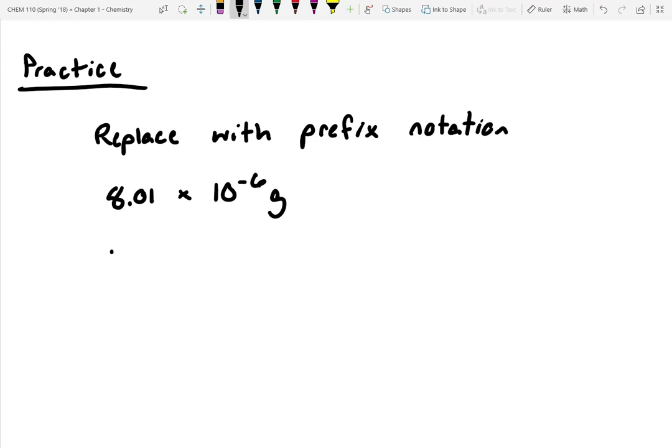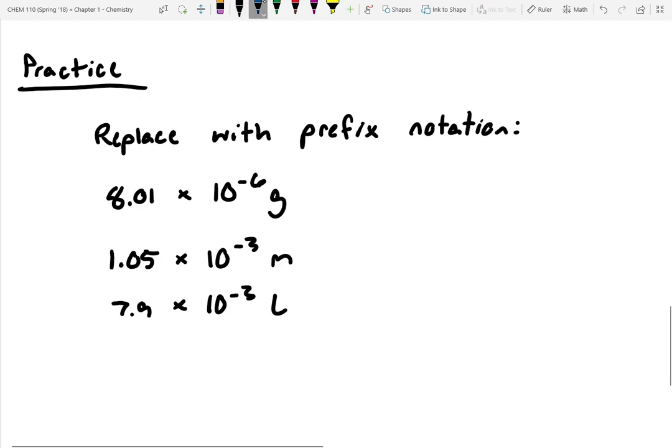For the next one, I've got 1.05 times 10 to the -3 meters. For the last one, I've got 7.9 times 10 to the -3 liters. I'll give you a minute to think about this, and then check with your neighbor to see if you're doing the same sort of process.